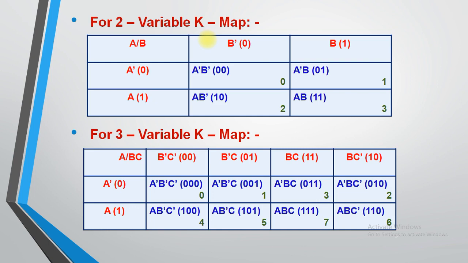In the truth table, we make the combinations of the input variables. So in the truth table, the combinations of two input values are 0 0, 0 1, 1 0 and 1 1.